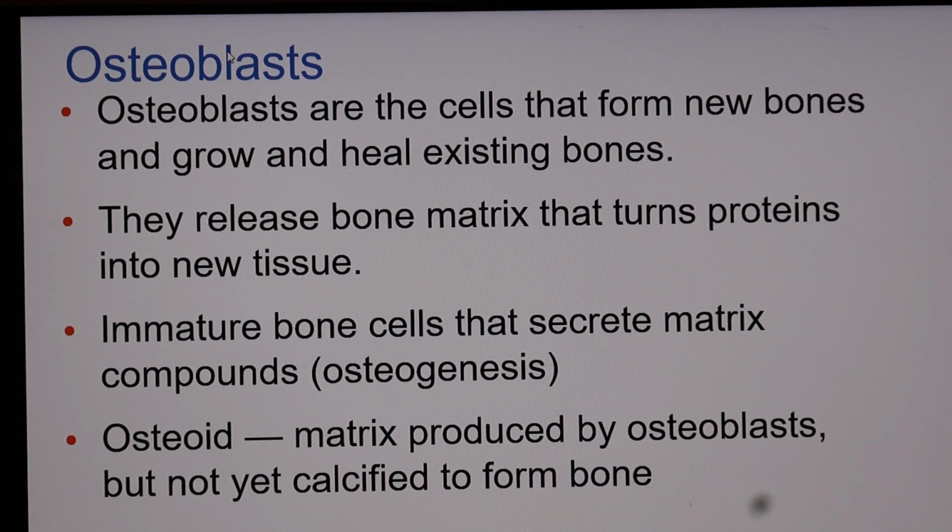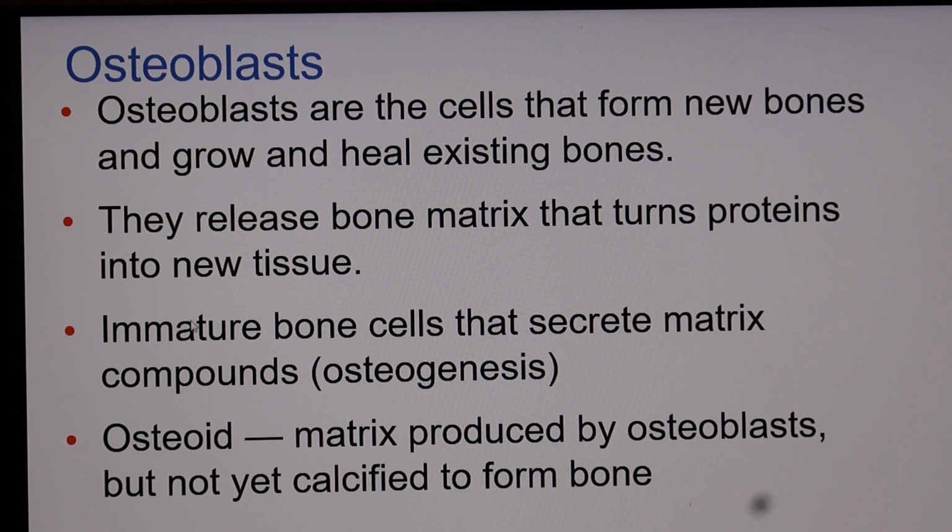The second cell type is osteoblasts. Osteoblasts are the cells that form new bones and grow and heal the existing bones. They release bone matrix that turns proteins into new tissue. So we said the osteocytes are the mature bone cells.